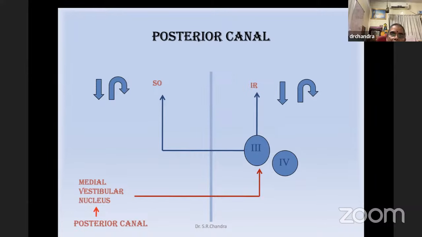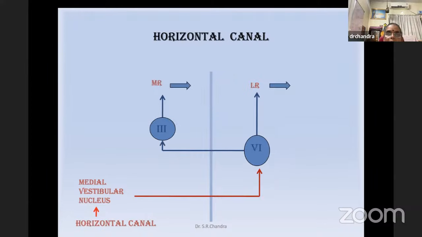So what is the common action? Depression. So the posterior semicircular canal has a common action of depression, plus one is an extorter and another one is an intorter. Then the horizontal canal goes through the medial vestibular nucleus to the opposite sixth nerve, supplies the lateral rectus and crosses back to the ipsilateral third nerve, supplies the medial rectus. So it moves the eye to the opposite side.